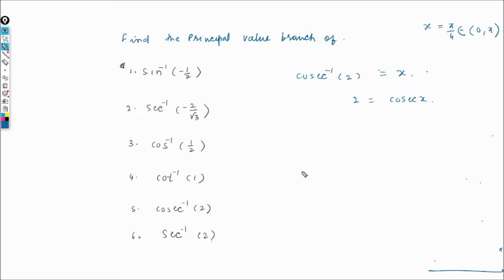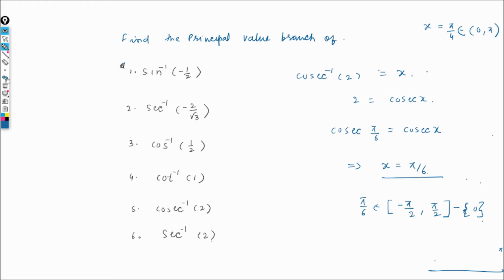So cosec 2 means cosec of pi by 6 is equal to cosec x. This implies x is equal to pi by 6, and pi by 6 belongs to its principal value branch, closed interval minus pi by 2 comma pi by 2 except 0. So this is our answer.